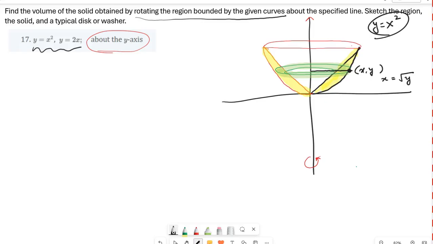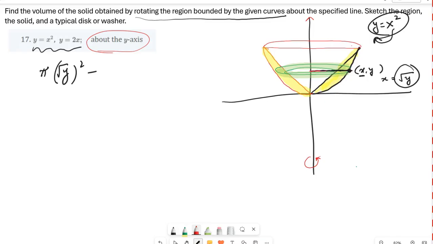So if this point is on this coordinate, the radius of the outer circle is the x value, and x can be found by taking the square root of y. So what will be the area of the outer circle? Pi times root y whole squared, minus the area of the inner circle.